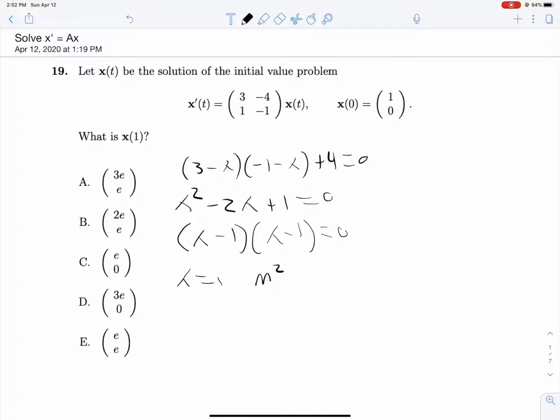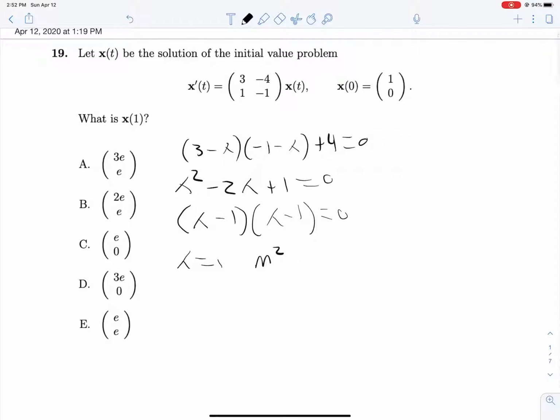And so plugging in lambda equals 1 to our A minus lambda I expression, we can solve for the corresponding eigenvector. That will be subtracting 1 from the main diagonal, so 2, negative 2, 1, negative 4. And what's happening here? Well, we can simplify this down to 1, negative 2, 0, 0.